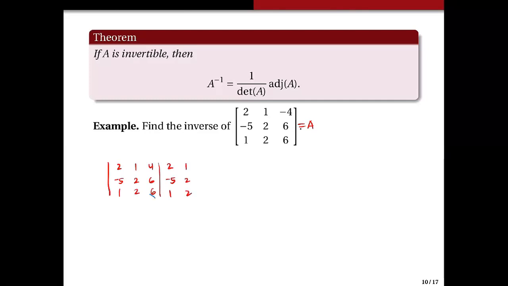Then we look at the products of this, and this, and this, and then add all of them. So let's start with these here. 2 times 2 is 4, times 6 is 24. Then 1 times 6 times 1 is 6. 4 times negative 5 is negative 20, times 2 is negative 40.